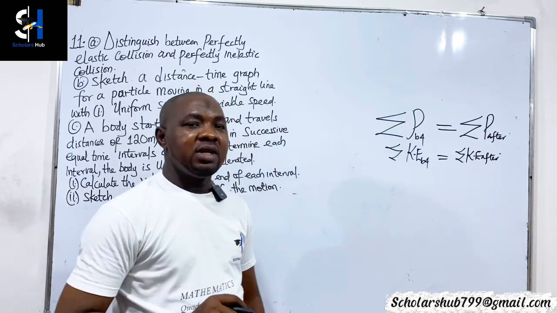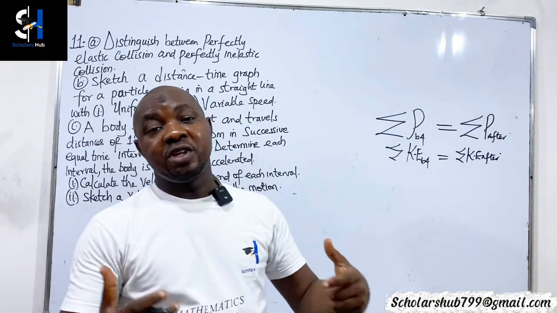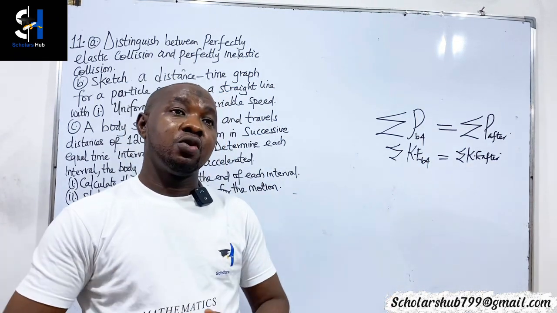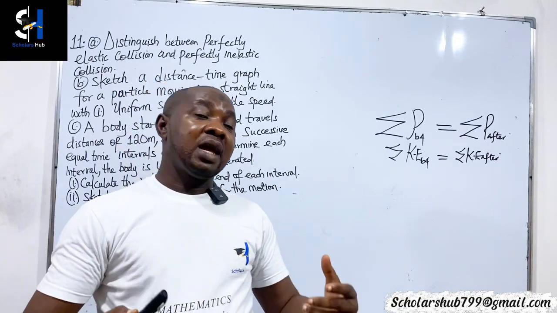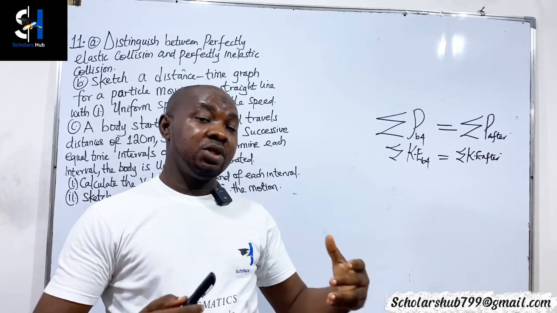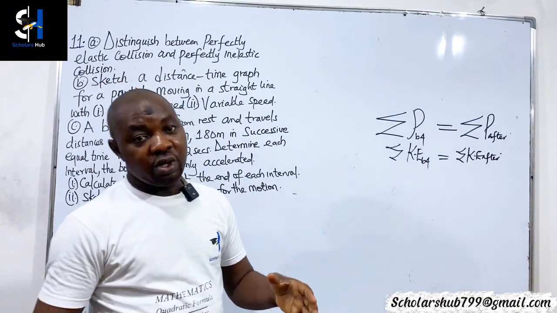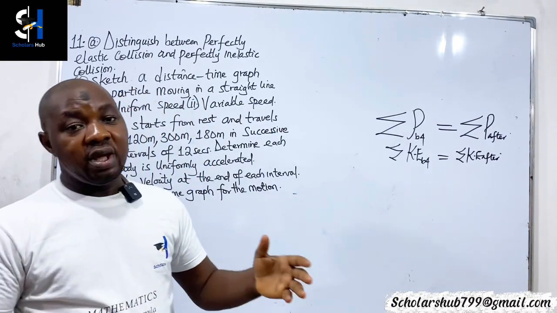It is also perfectly elastic collision when we have the coefficient of restitution equal to 1, because of Newton's law of collision of elastic bodies, where the coefficient of restitution is expressed as the ratio of the speed after impact to the speed before impact.